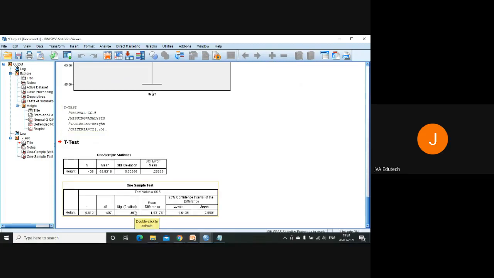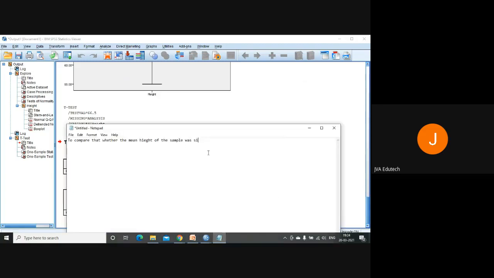So if it is less than 0.05, then only it's significant. If it is not, there could be a difference, but it won't be significant. So we always use the word significant, because if it's not of significance, then it's of no use.